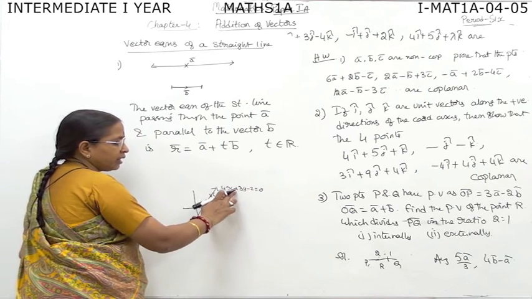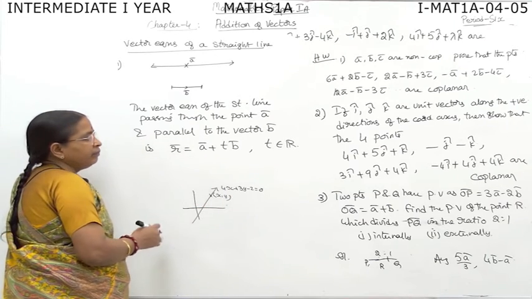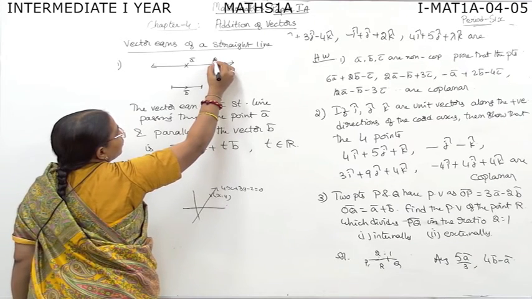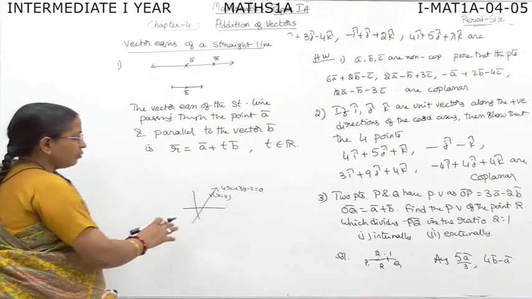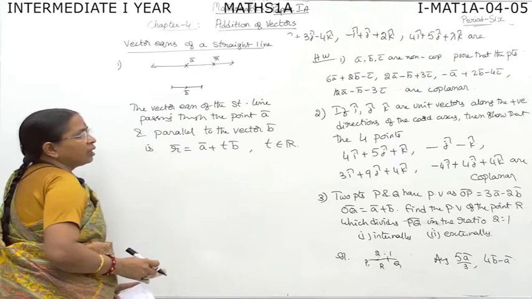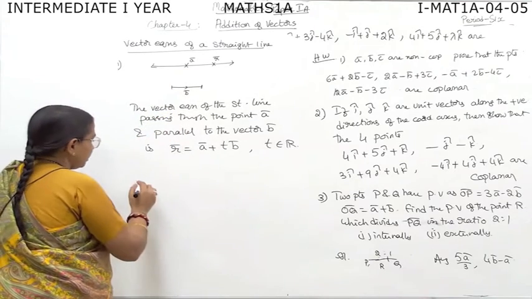Here x and y are variables; (x, y) is a variable point, any point on the line. In the same way, here also r is a variable point on the straight line. It can be any point.